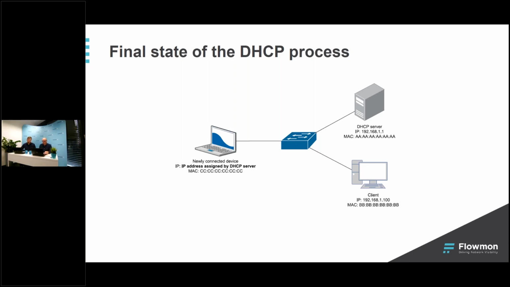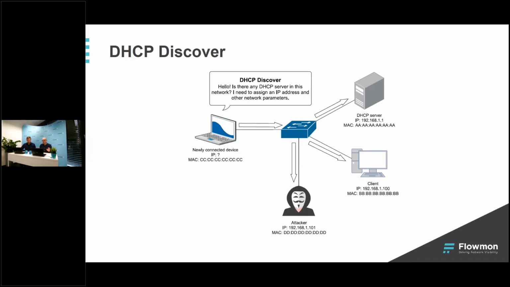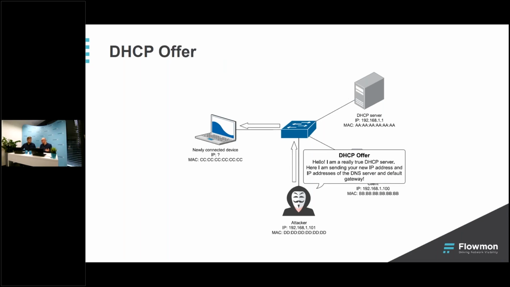All right. So now let's take a look at the DHCP spoofing attack, which is the attack that is used to redirect the traffic. And let's take a look at what we can do as an attacker to perform that. So again, when a newly connected device is connected to the network, the DHCP discover packet is sent. The attacker can pretend that he's a regular DHCP server, and he can send his own DHCP offer, and he offers the victim any IP address.